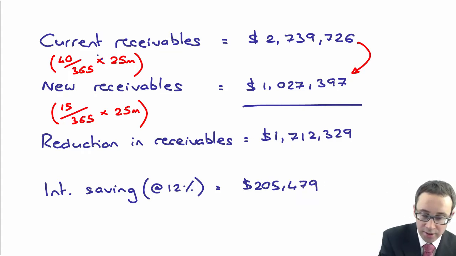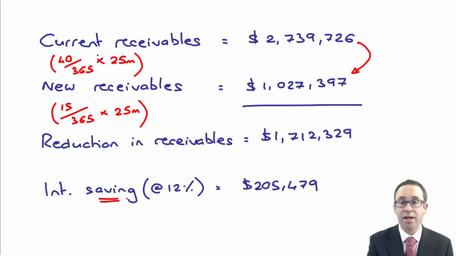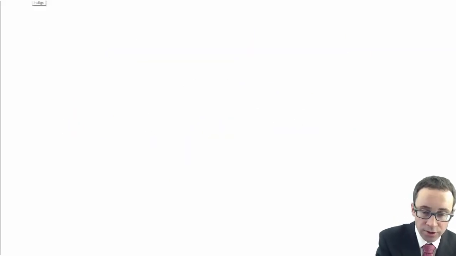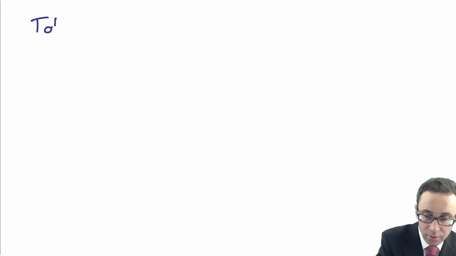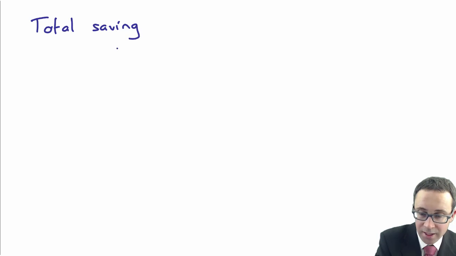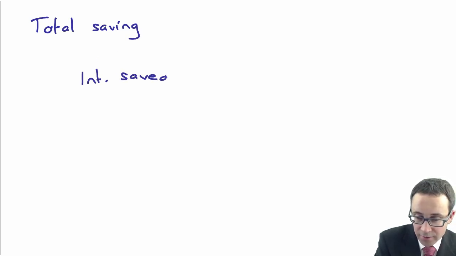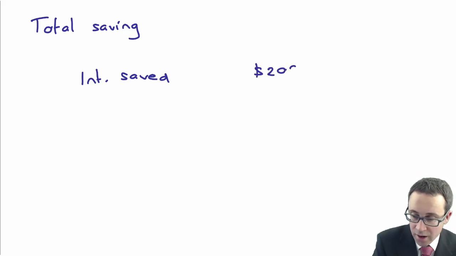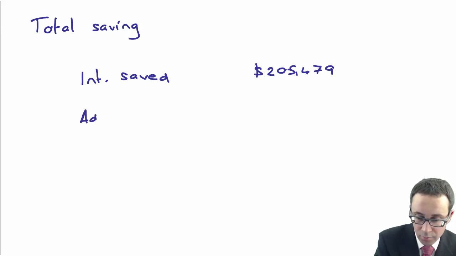Okay, that is your interest saving, isn't it? Okay, so what you've got there is to work out the total saving. So that second step, the interest saved, is 205,479.